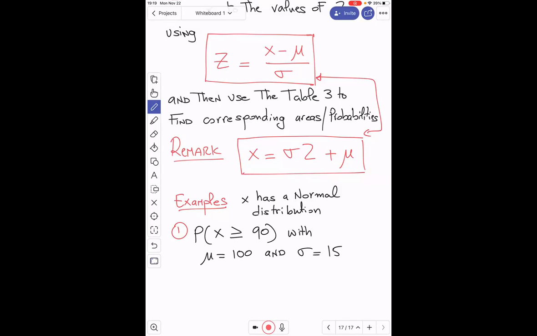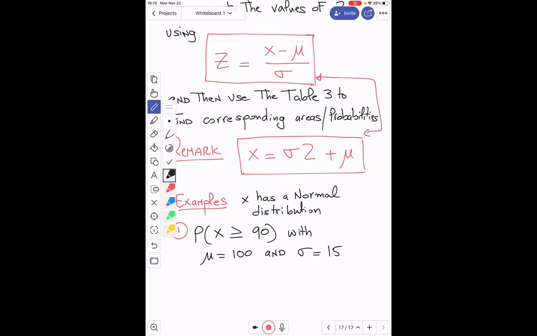As you can see here, the mean is 100, not equal to 0, and sigma is 15, not equal to 1 like in a standard normal distribution. So what we need to do, guys, is convert.